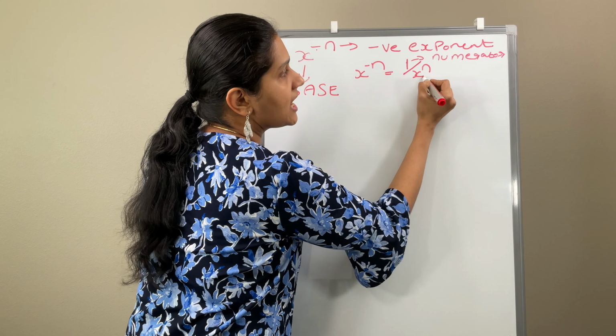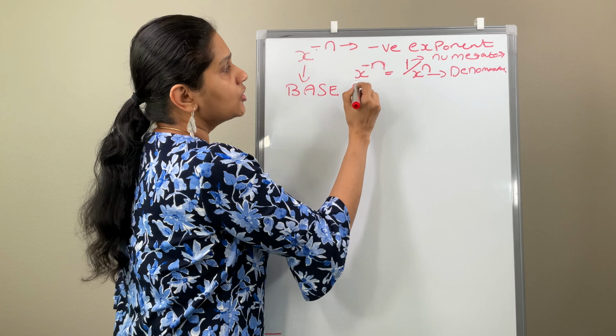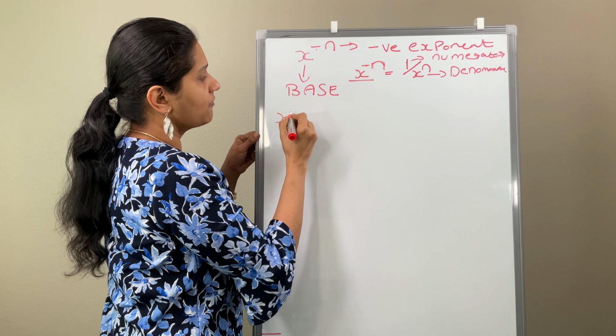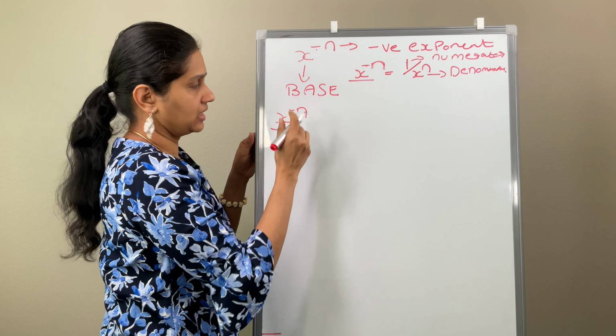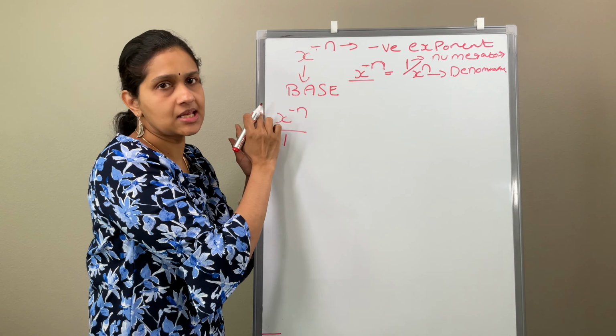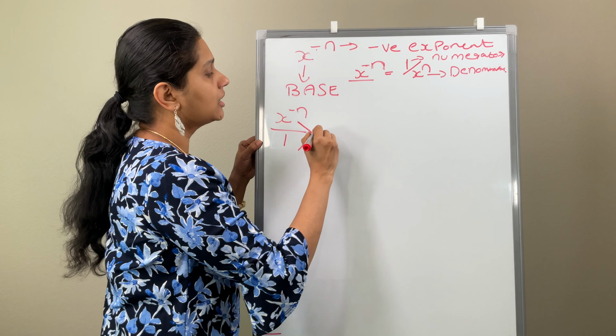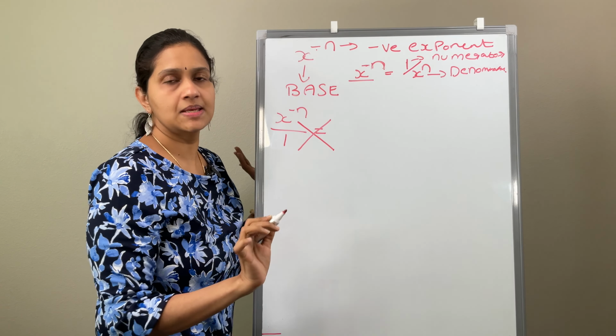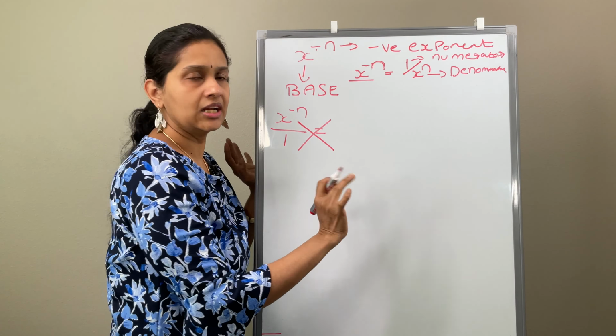What we are doing here is, when we have a negative sign with the exponent, you need to bring it down. That is, if you say x to the power minus n by 1, it's the same as x to the power minus n, right? This numerator becomes the denominator and the denominator becomes the numerator. Simple. You are just reversing it.